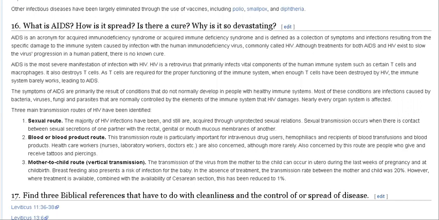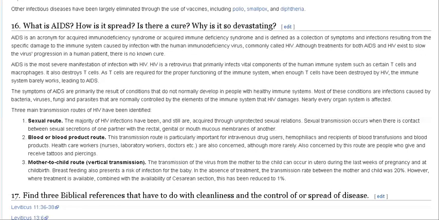The symptoms of AIDS are primarily the result of conditions that do not normally develop in people with healthy immune systems. Most of these conditions are infections caused by bacteria, viruses, fungi, and parasites that are normally controlled by the elements of the immune system that HIV damages. Nearly every organ is infected.